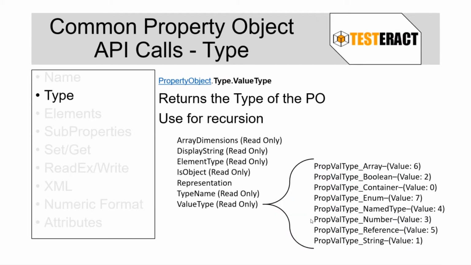The next one, which I use a ton, especially for recursion, is the type. So in TestStand, if you're looking at a property object and you don't know what it is, you can just use the type and then the value type. The value type is basically an enum that will tell you what category it is, and then you can decide what to do based on that category.